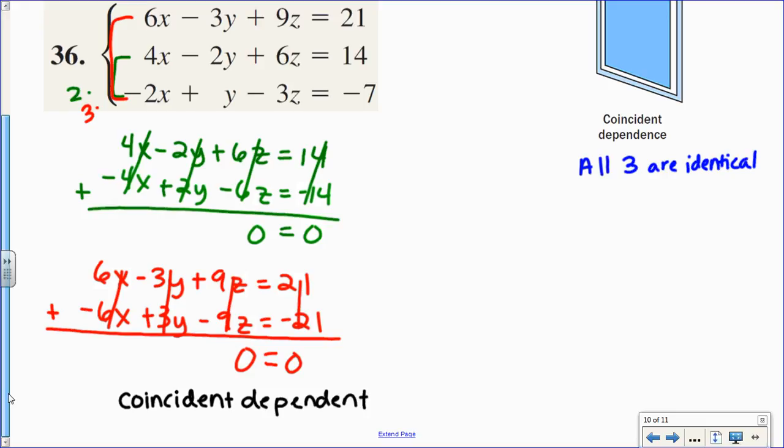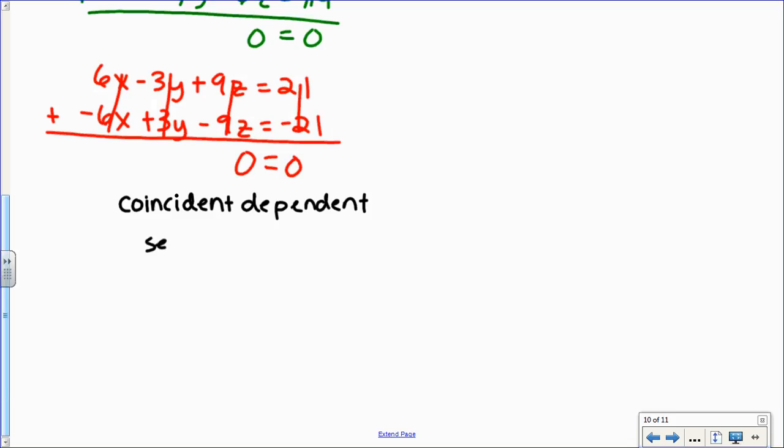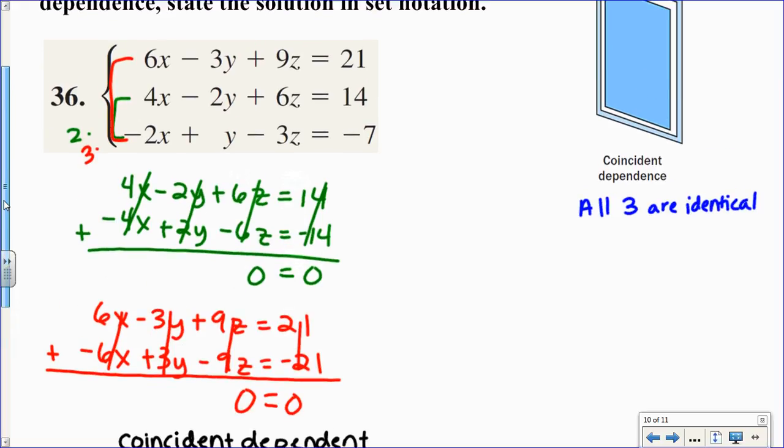And we'll write these in set notation, but this is not as hard as the parameter. So you use your braces, x, so you say any ordered triple, x, y, z, such that, and then you just pick any of the 3 original equations.